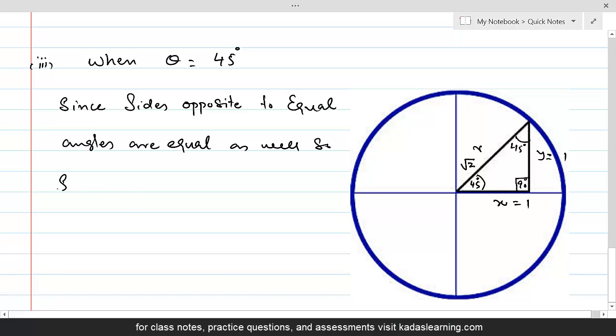Anyways, sine theta is equal to y over r, cos theta is equal to x over r, and tan theta is equal to y over x.